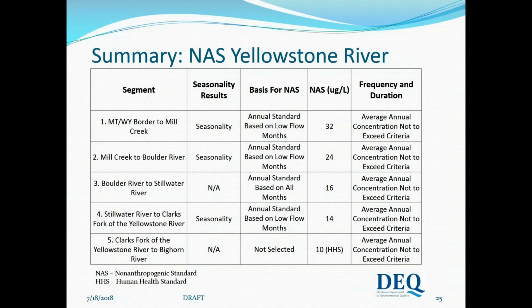The reason a NASS was not selected is because the median concentration for that segment was 10, and the current human health standard for all of Montana for arsenic is 10, and so a NASS is not necessary for the last segment, and the human health standard on record will remain the same for that segment. So it's only the first 4 segments where a NASS would be applicable.